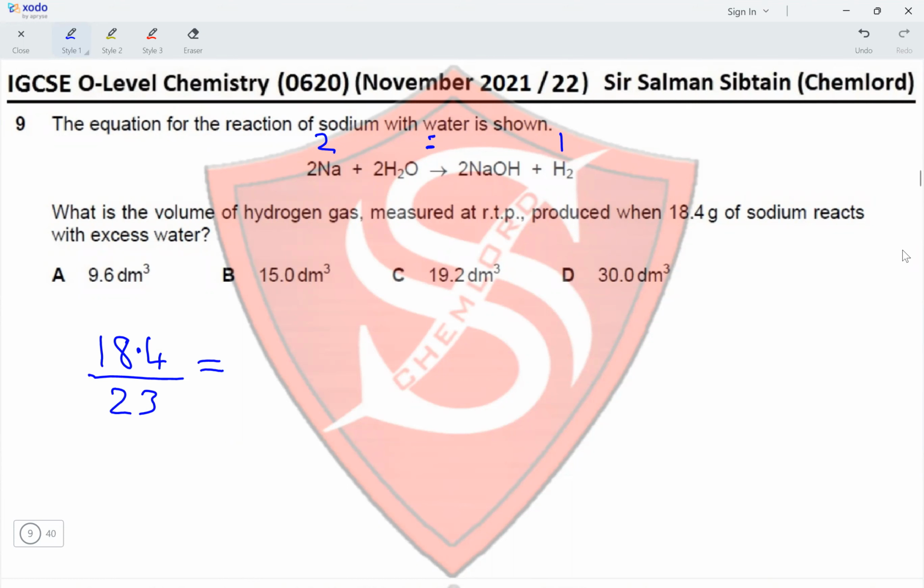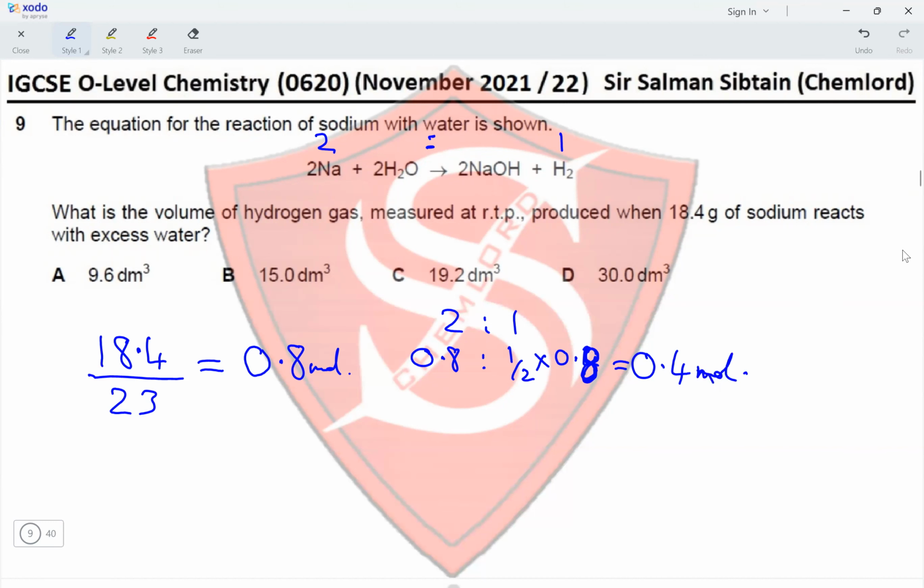When we perform this division, we end up with a value of 0.8 moles. Now, according to the molar ratio 2 to 1, if sodium is 0.8 moles, then hydrogen would be half of 0.8, which would be equal to 0.4 moles. So we have 0.4 moles of hydrogen gas being produced.